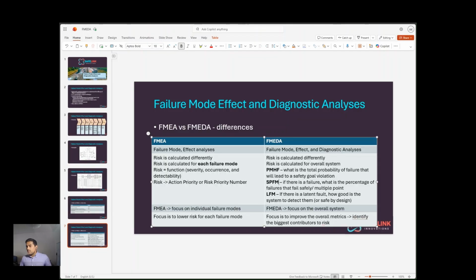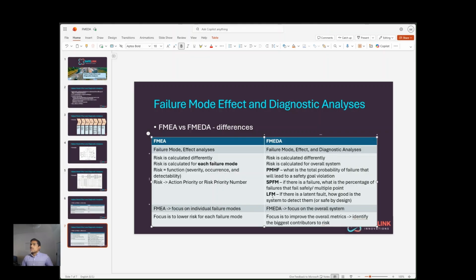Then there is LFM, which is also called the latent point failure metric. And a latent point failure metric essentially tells us if there is a latent point fault, how good is the system to detect it, or is it safe by design?